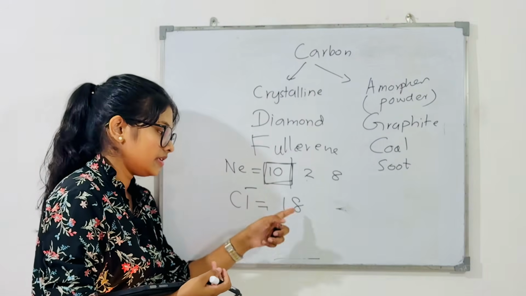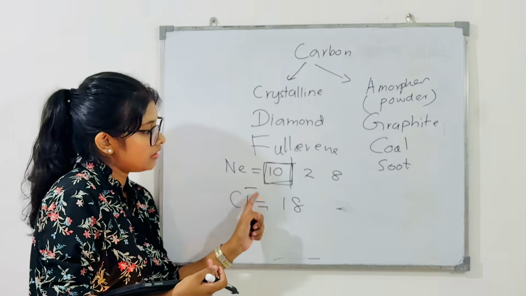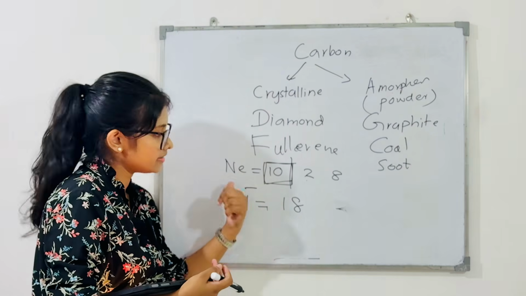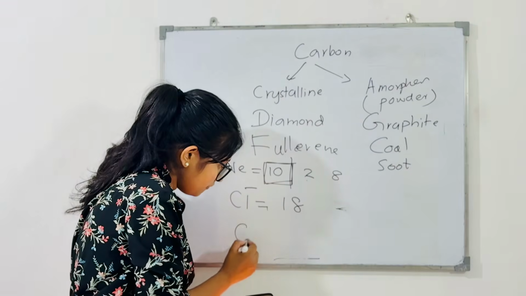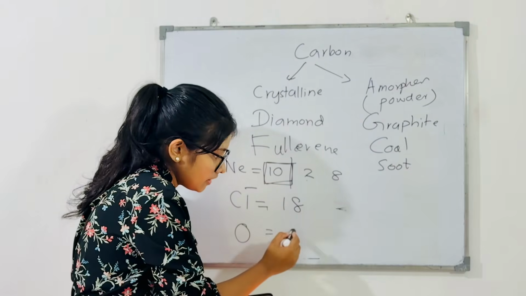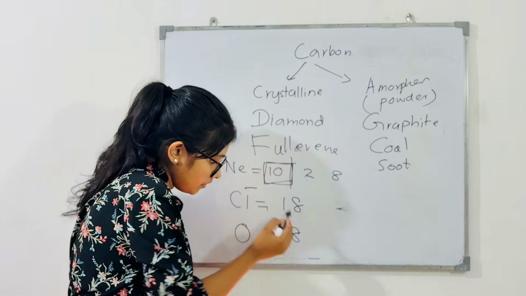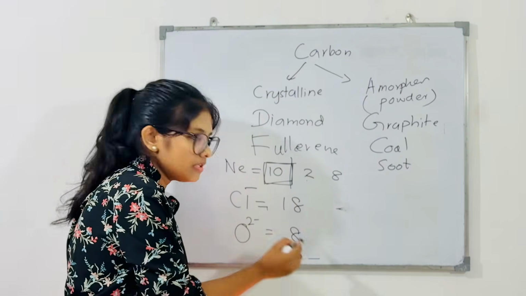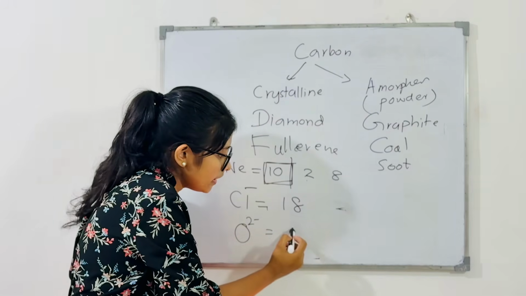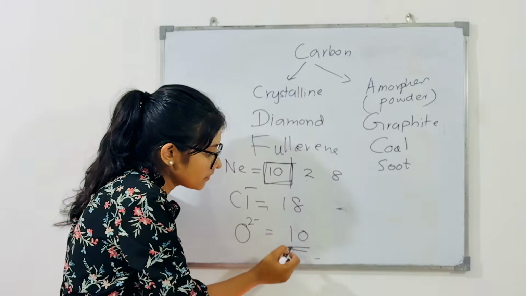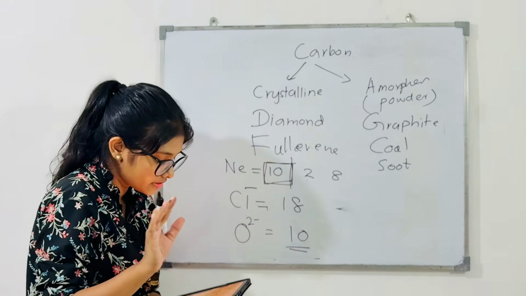So it has attracted an electron, and as a result it gets a negative charge. So 18 electrons. If we consider oxygen, there are 8 electrons, but it's 2 minus. It means 2 extra electrons have been added. So it has 10 electrons now.